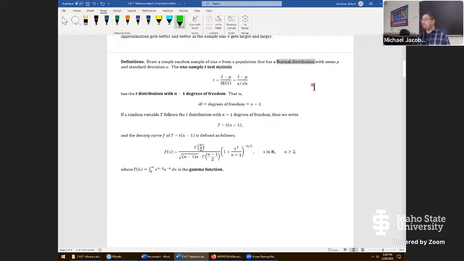And once we take off that assumption, we'll start considering the robustness conditions for our confidence interval. So at the moment, it's saying distributed normally with a mean mu, standard deviation sigma. We have our one sample t test statistic calculated right here. And here's how we say where the distribution comes from. This t follows the t distribution with n-1 degrees of freedom.